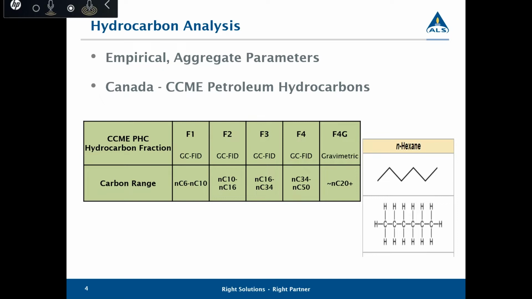Those are the fractions determined by Canada standards, the CCME petroleum hydrocarbons. They are the F1, F2, F3, F4, and F4G fractions. These fractions are designed to distinguish between petroleum product types. We'll be mainly looking at the F2, F3, and F4 fractions at this time.